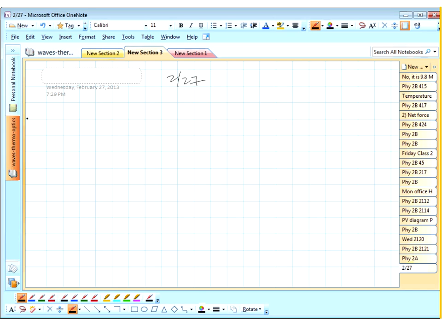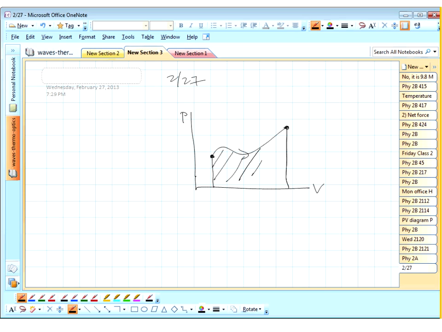Yes, I can. Anytime you have a curve on a PV diagram, the work is equal to the area under the curve. It doesn't matter what the shape is, right? If we wanted to know the work done in moving from point A to point B along this path, it's the area under that curve.